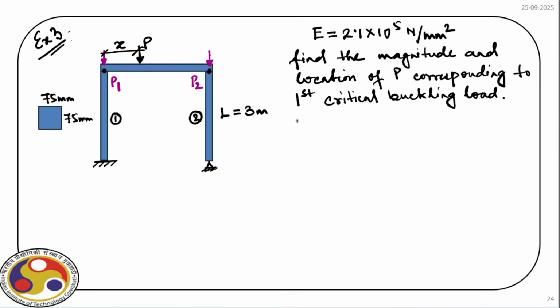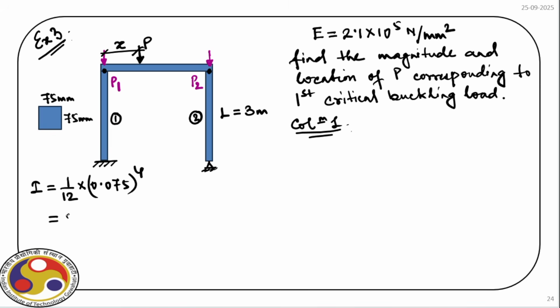So let us first consider column 1, and for that the moment of inertia I is equal to 1 by 12 into B and D, they are same, so 0.075 to the power 4.